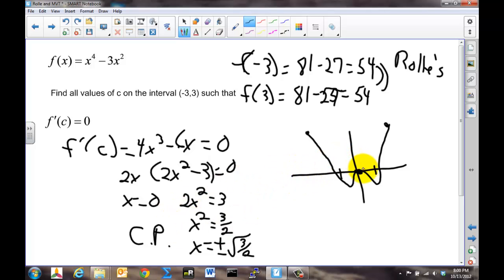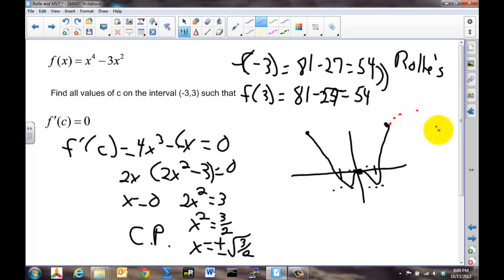Well, we know that it has to have a derivative of 0 at these three places here, at 0 and at plus and minus square root of 3 halves. So we've got those three. We know it's got a function value up here. Can we talk any about what's going on out here? For example, does it keep going up, or at some point does it turn over and go back down? Well, let's see if we can determine that.